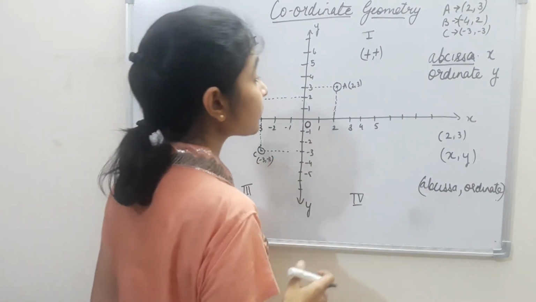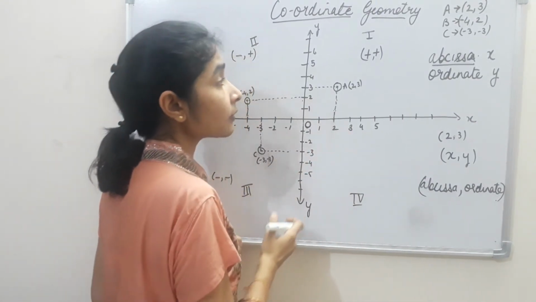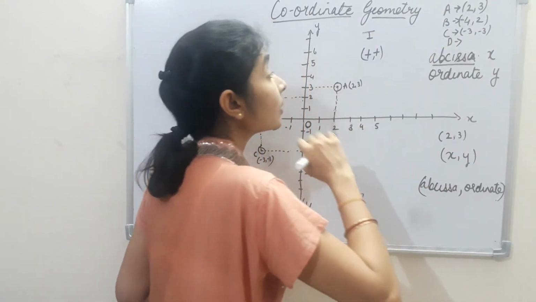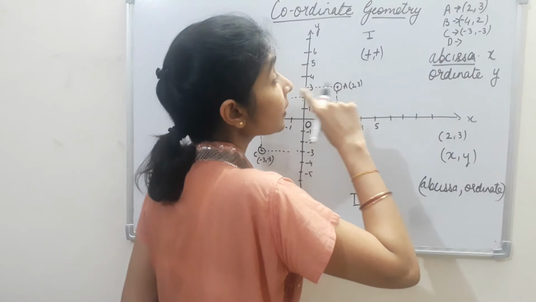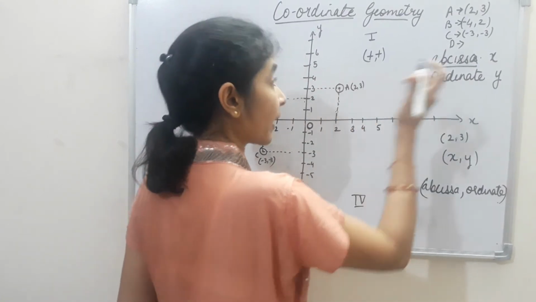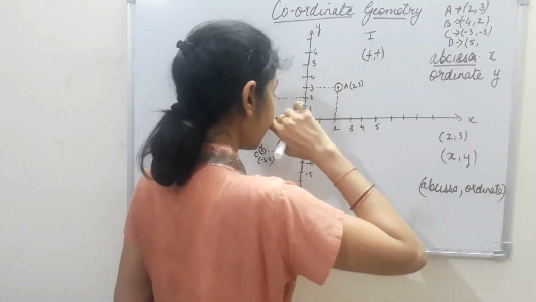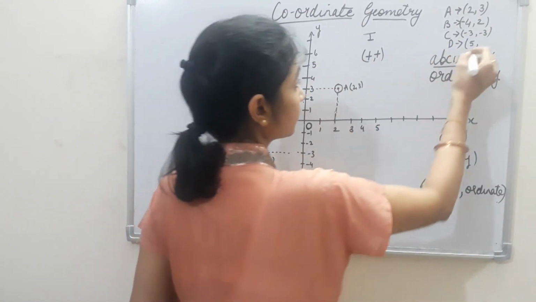Now the last one is when x is positive and y is negative. The point D we are supposed to mark. Let us take x equal to 5 and y equal to -4.